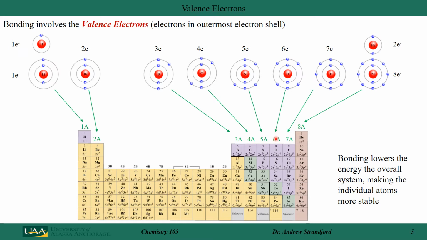Oxygen, 6, the halogen, 7, and all the way over here to the noble elements, they contain 8 in their outermost shell. These valence electrons are the ones that are most responsible for bonding in both ionic bonds and covalent bonds.